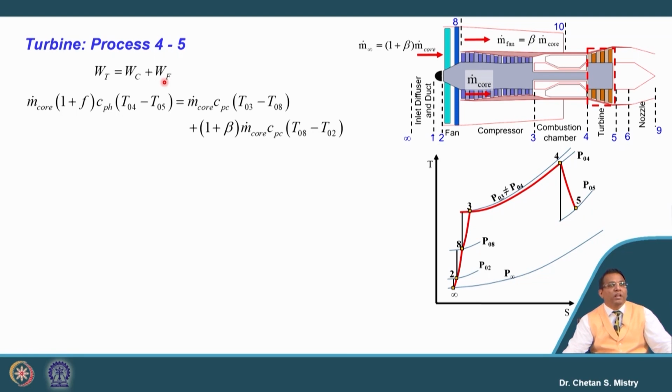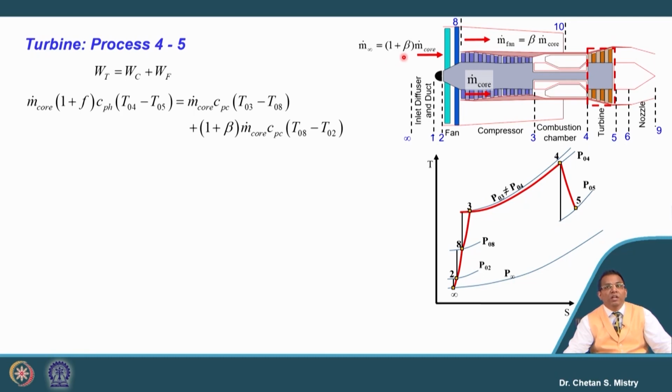My Wt we are writing as say m dot core into 1 plus f Cp T04 minus T05, that is equal to, for this compressor we need to be careful, it is m dot core Cp T03 minus T08, be careful, and for fan this is m dot core into 1 plus beta Cp T08 minus T02.